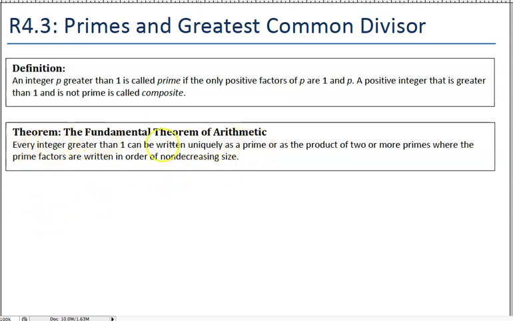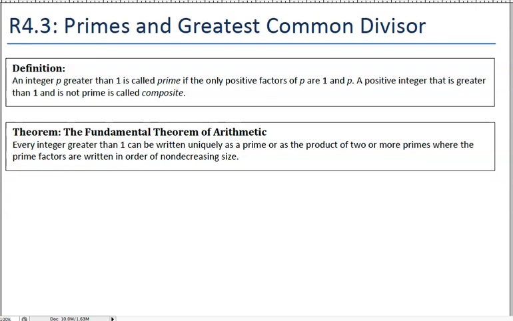The fundamental theorem of arithmetic says that every integer that's greater than 1 can be written uniquely as a prime or as a product of two or more primes, where the prime factors are written in order of non-decreasing size. This is called prime factorization.